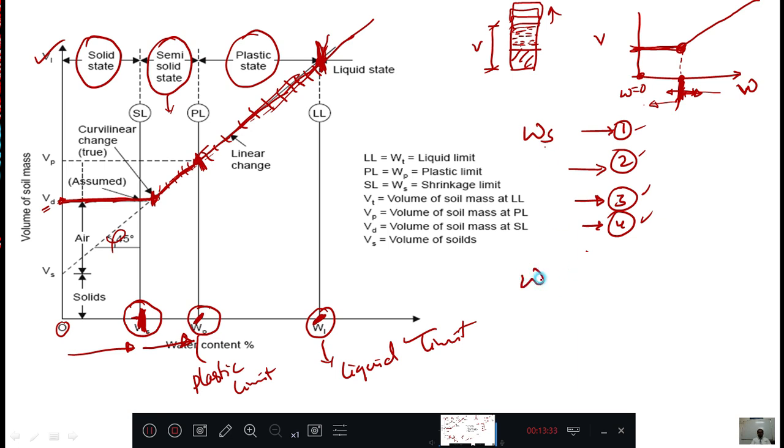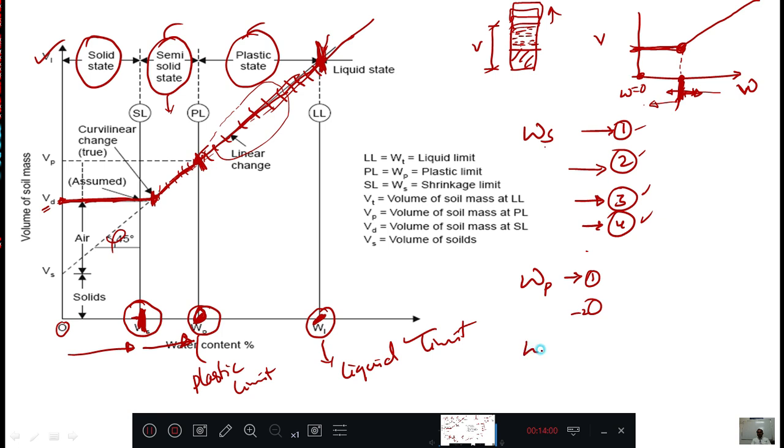Next, plastic limit. Plastic limit is defined as the water content above which the soil behaves like a plastic material. Understood? One definition. Second definition. Plastic limit is the arbitrary limit between the semi-solid state and the plastic state.